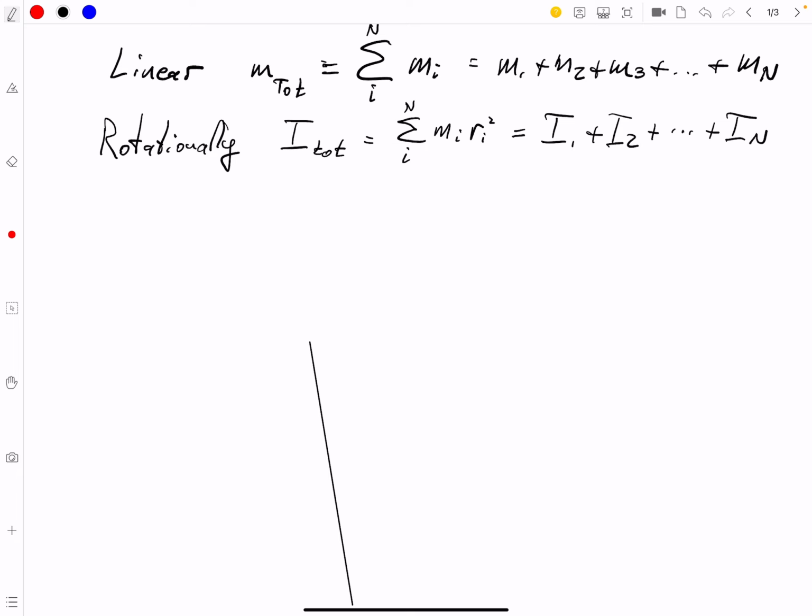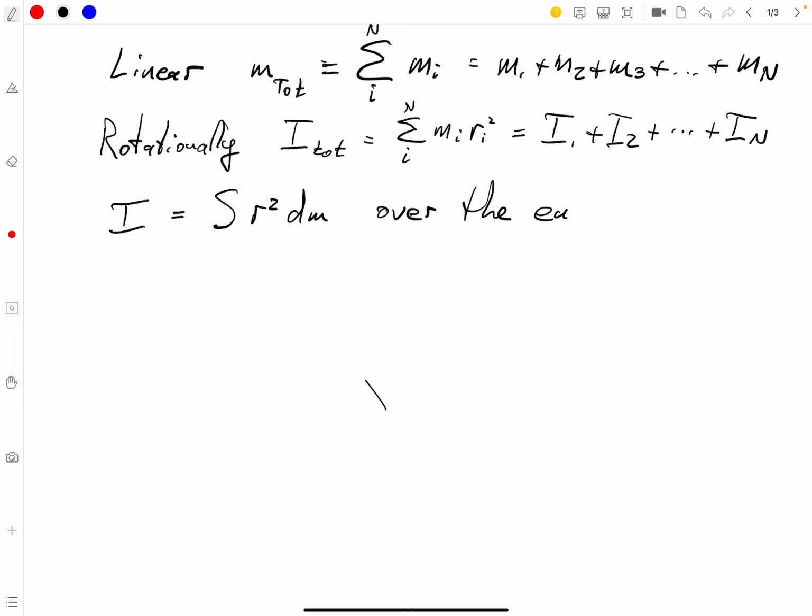You need to know that if we're going to calculate a moment of inertia, the most general way to calculate it is to do this integral over the entire system.